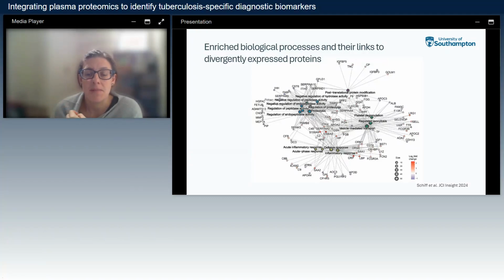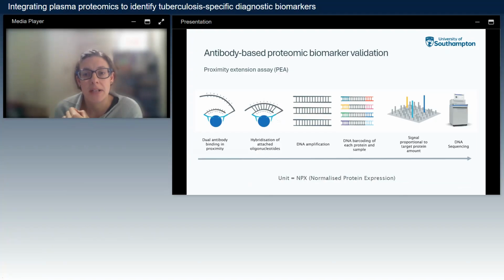And we're interested in antibody-dependent validation methodology. And we have done some validation, including ELISA and Luminex, but you very rapidly encounter problems with multiplexing and sample volume, and discovered the Olink technology that uses proximity extension assay.